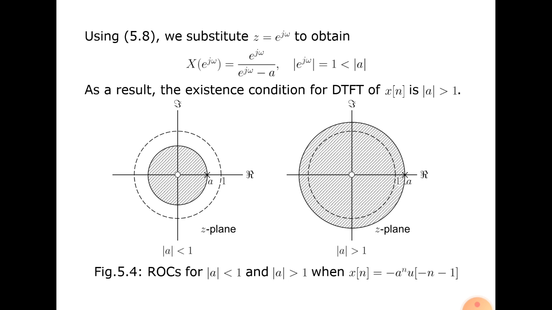So this is a combination of the ROC for both modulus of a greater than 1 and modulus of a less than 1. So the ROC is for modulus of a less than 1 and modulus of a greater than 1, when x of n is equal to minus a power n into u of minus n minus 1.